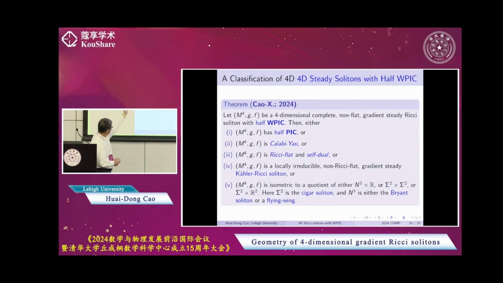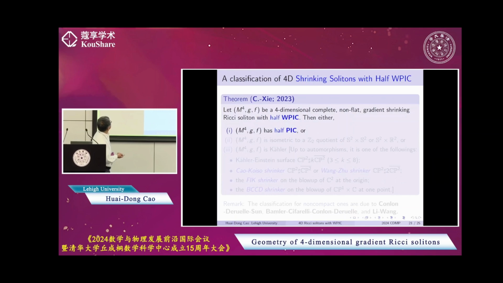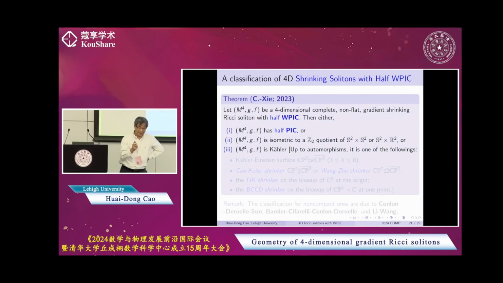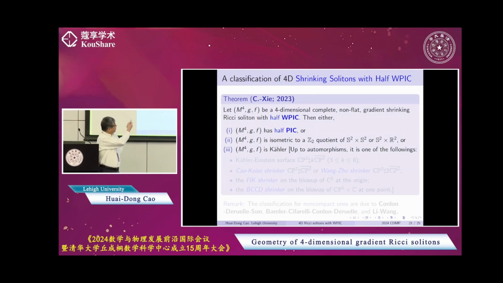So finally, there is the shrinking case. That plays the dominant role. The shrinking soliton is the generic singularity in the Ricci flow. So this is the most essential case, as Brendle and Schoen would understand. In this case, if we assume half W-PIC in the shrinking case, then either it has to be PIC, and that is the one major question, and then the rest we understand completely.